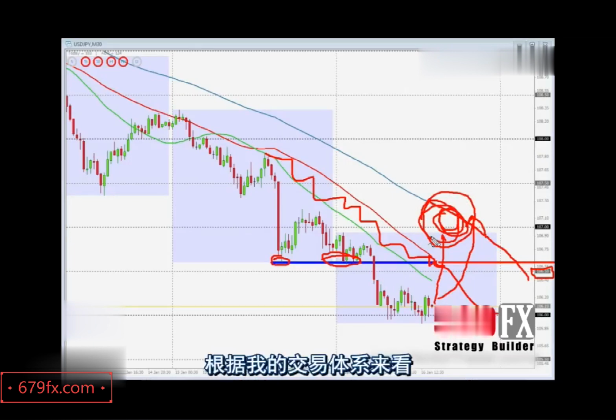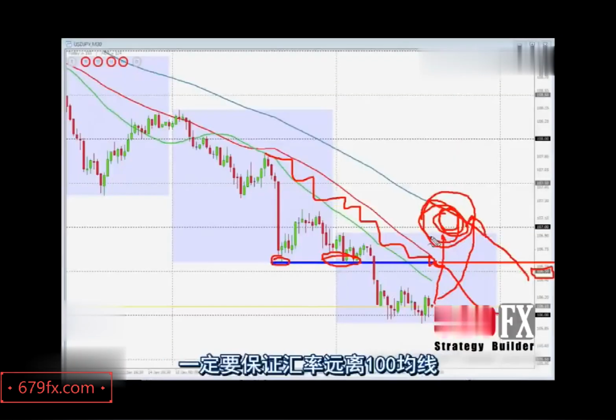As far as my system goes, it's the signal of warning, of weakness in any trend. Okay, you want to stay away from the 100. Want to stay away from the 100 as much as possible.